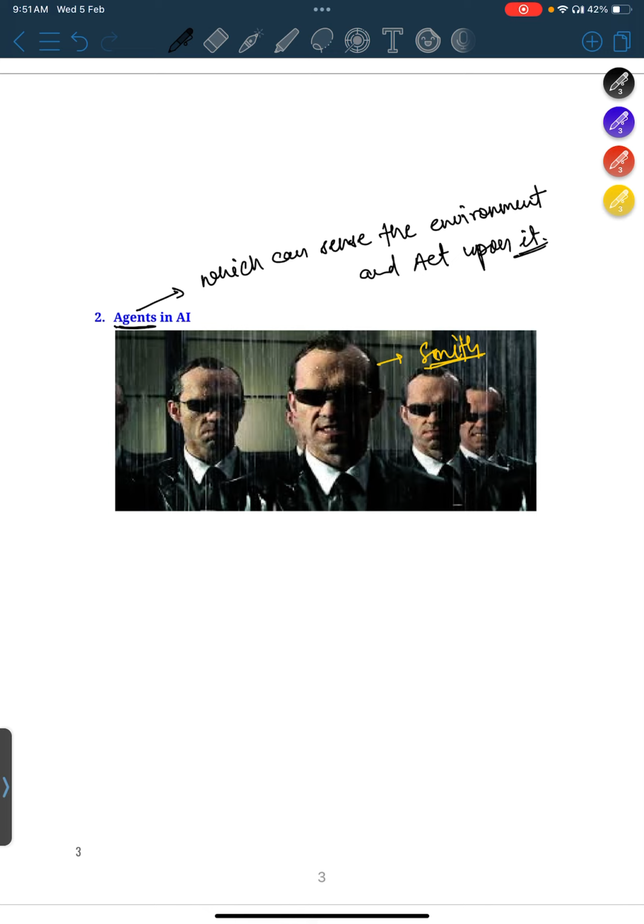So what do you mean by this? If we talk about this Agent Smith itself, what was his role in the movie? He wanted to eliminate the lead character Neo. He used to surf around in the matrix, searching for Neo, and whenever Neo shows up, he tries to kill him, right?